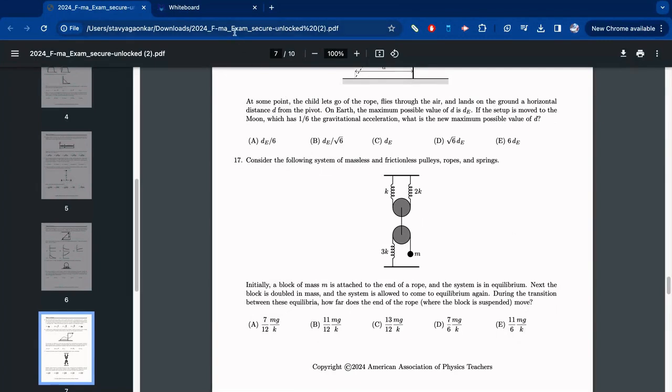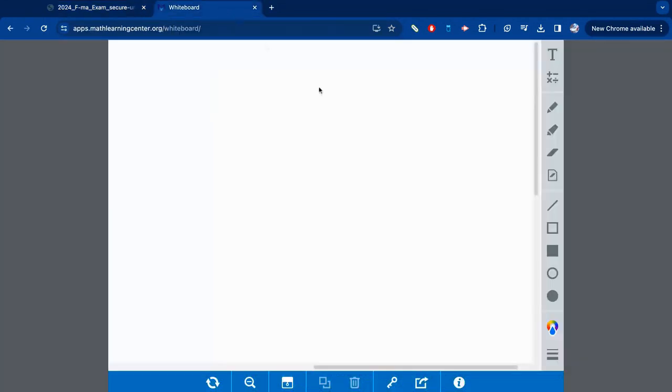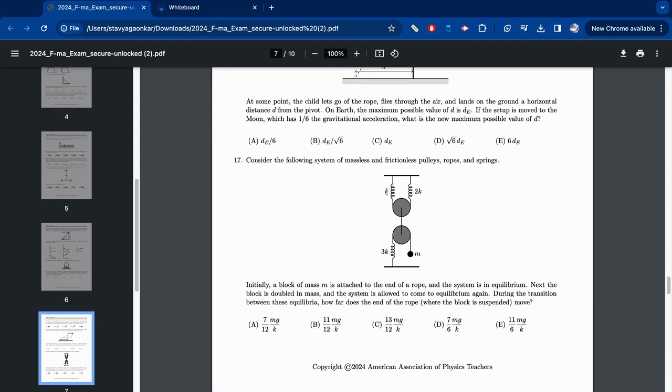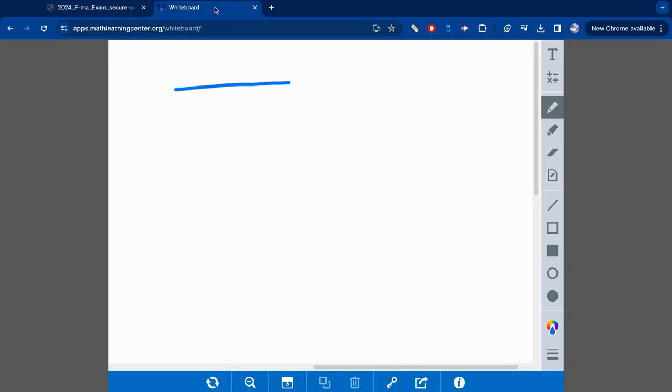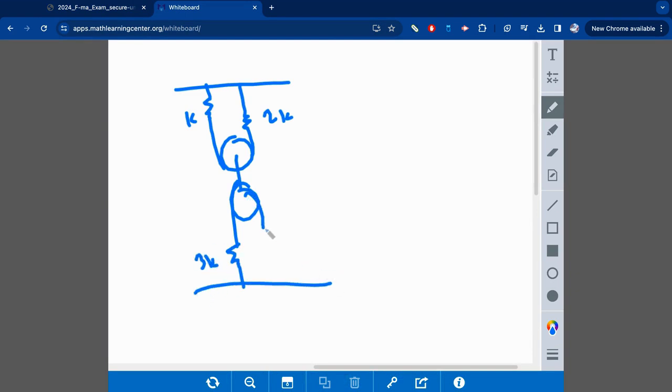Okay, so for this problem, we need to consider the different forces there are and the different values of tensions that are there. So for example, for the pulley on the top, it's K, 2K, it's connected to this pulley, which has a spring of spring constant 3K and this mass.